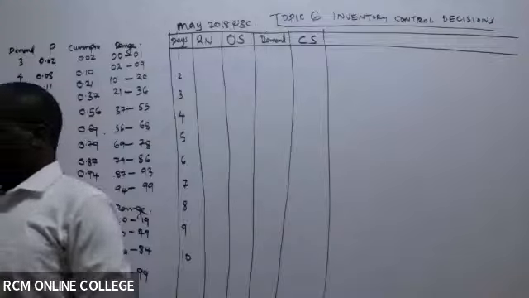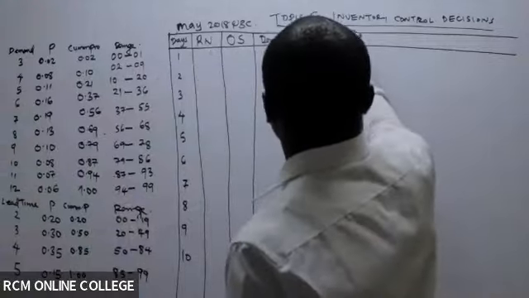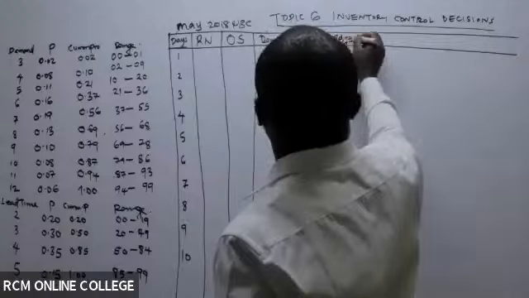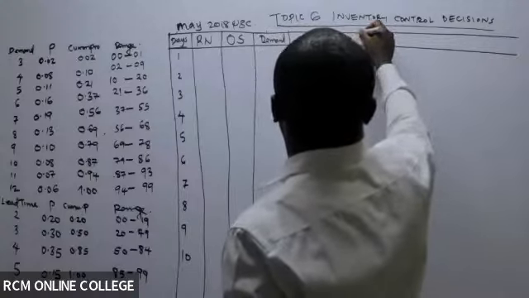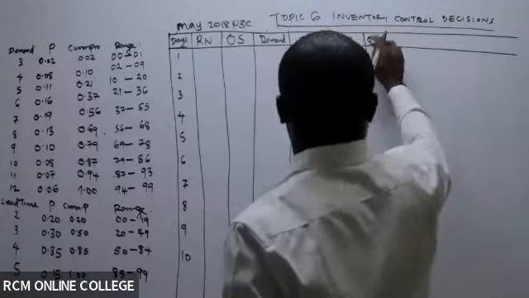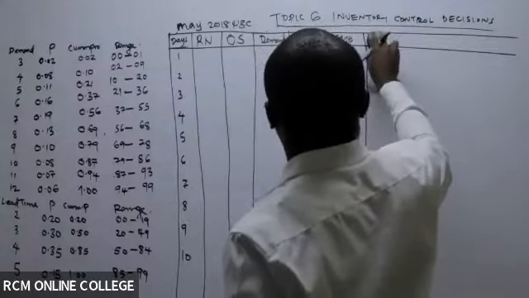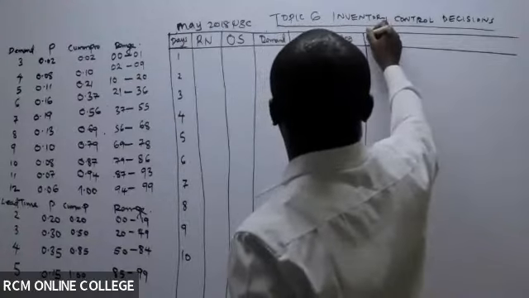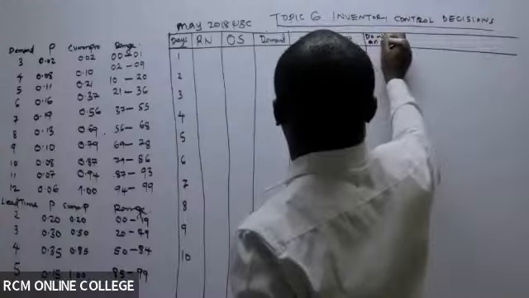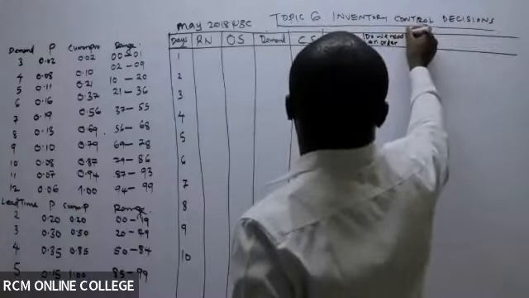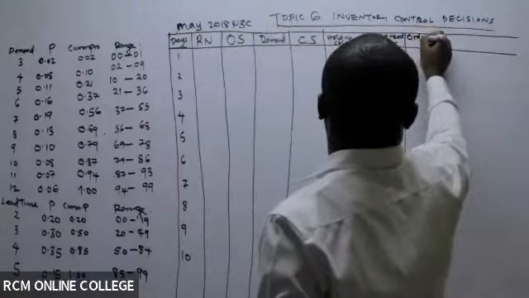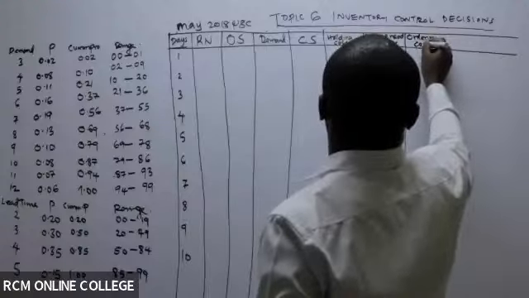Then once we have our closing stock, the next column is holding cost. Do we need an order? If yes, then we're going to do what we call ordering cost.